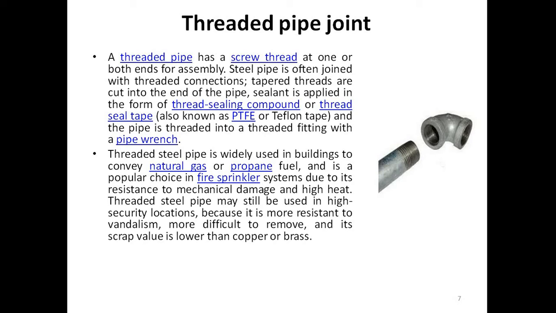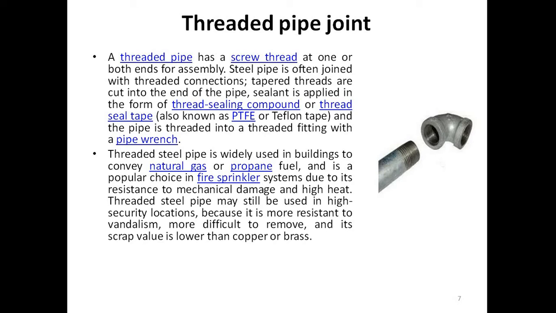Tapered threads are cut into the end of the pipe. Sealant is applied in the form of thread sealing compound or thread seal tape, also known as PTFE or Teflon tape, and the pipe is threaded into the threaded fitting with a pipe wrench.